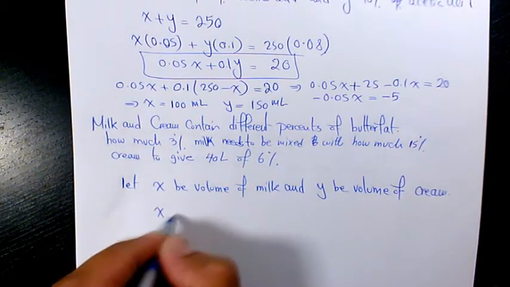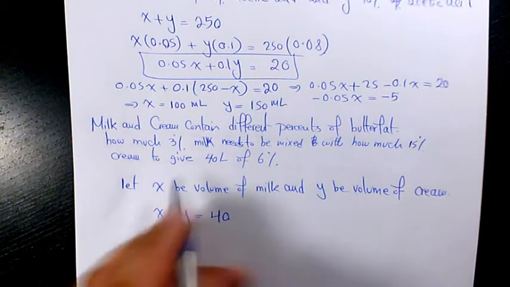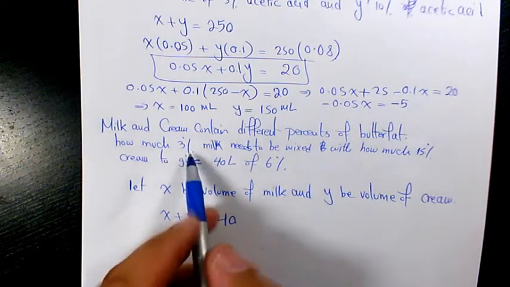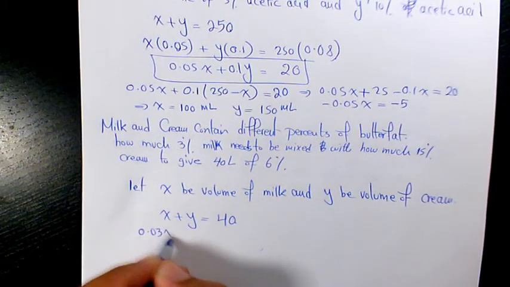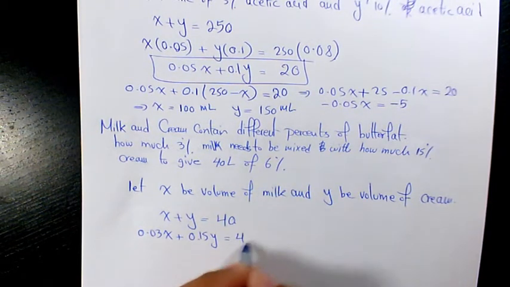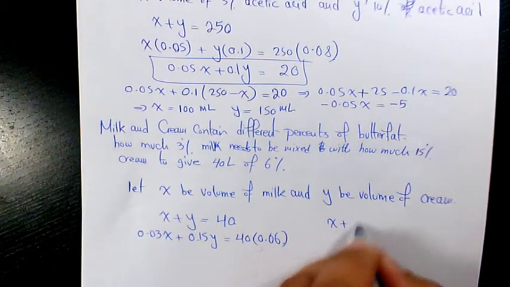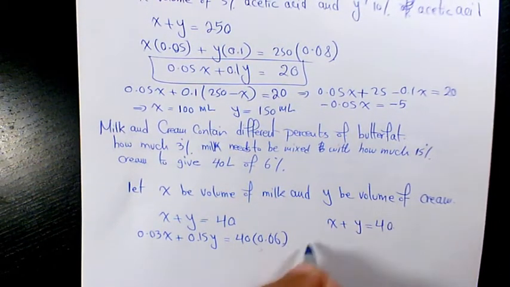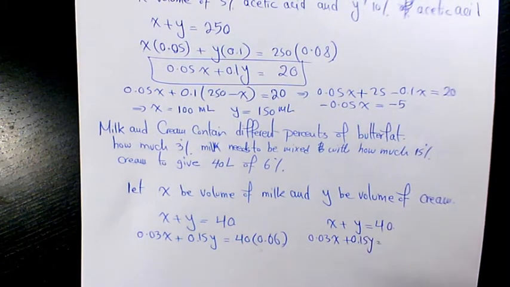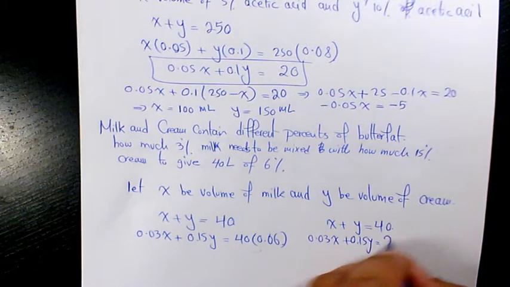So we're going to say X plus Y is going to be 40 liters. And then the second part is going to be the amount of fat. So 3% is for X and 15% for Y equals 40 times 0.06. So it's going to be X plus Y equals 40. 0.03X plus 0.15Y equals 40 times 0.06. That's going to be 2.4.